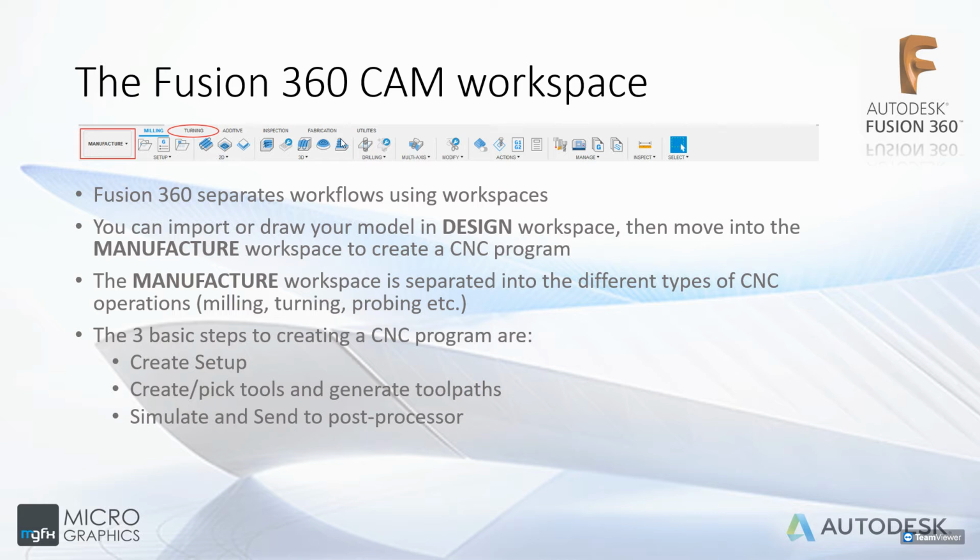So in that particular setup, you need to generate paths which the tool that you're using will go in and cut and clear all the excess material away. And lastly, once you have all the material cleared away and you're happy with the finished product, you can simulate and send to the post processor, which will generate your G code for you.